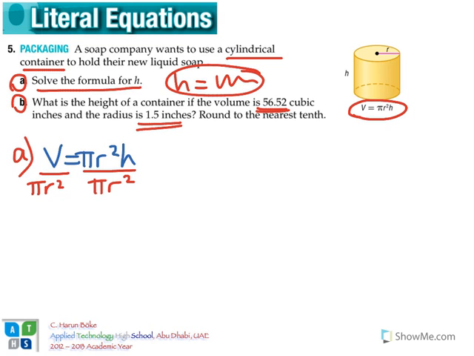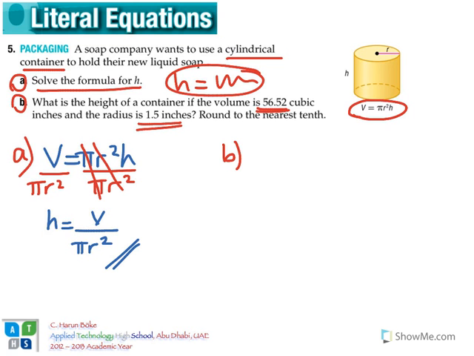So that pi simplifies, R squared simplifies. I have H alone equals V, the volume, over pi times R squared. So this is my new formula for H. I solved this formula for H. Now in part B, I'm going to substitute the values.